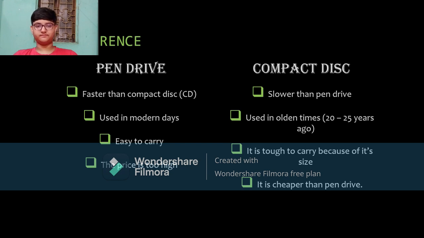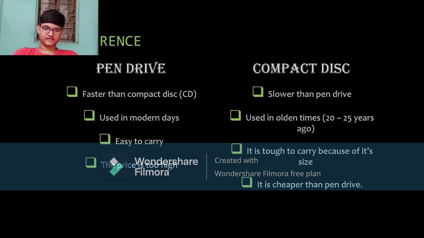It's cheaper because for a pen drive, a lot of components are required to be inserted, and only because of those components the price increases. But a CD just requires a metal to work.